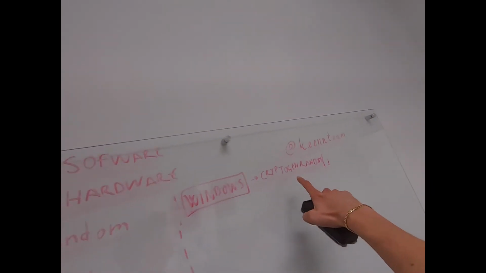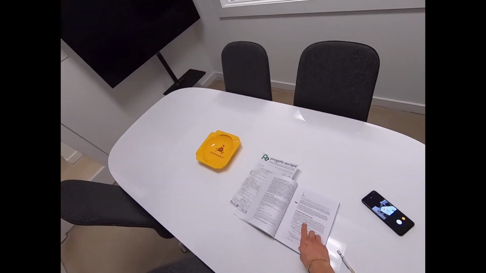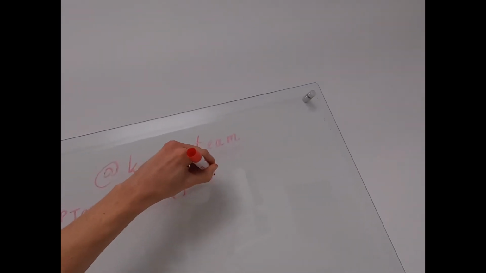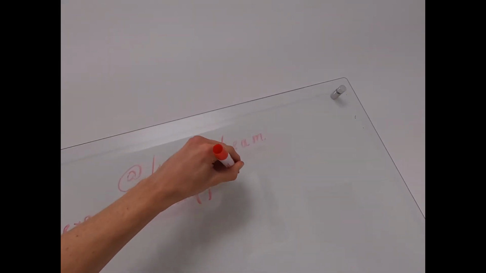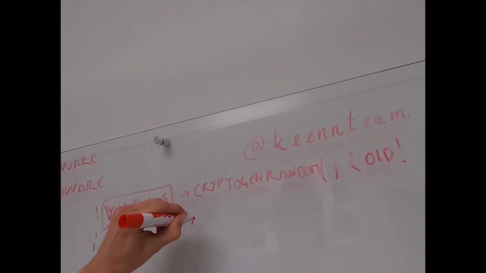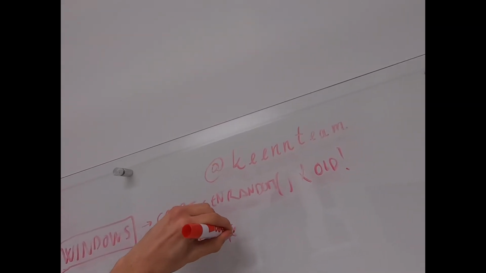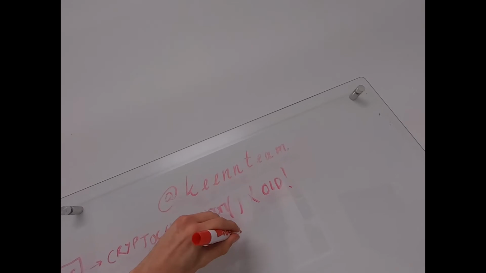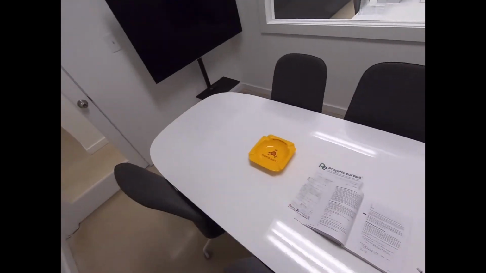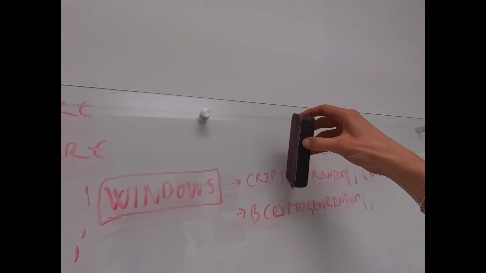Okay, which is legacy and was now substituted by BCryptGenRandom. The old one, no more. It's BCryptGenRandom, there's no O. Sorry guys.